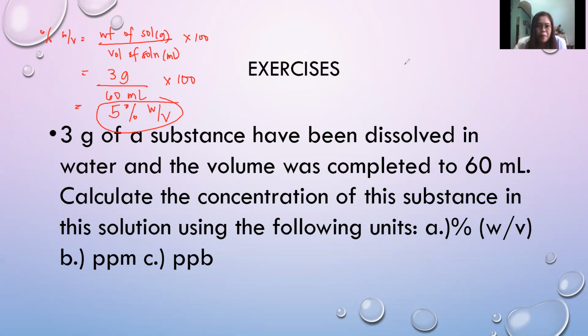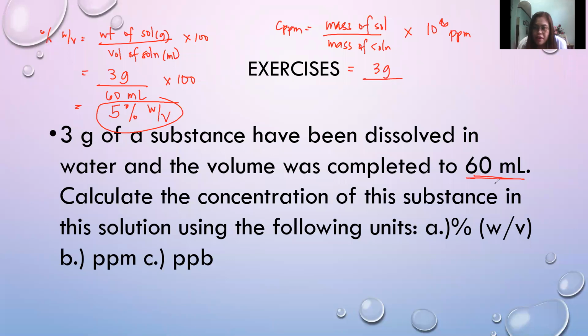Okay? For the ppm and the ppb, dito na lang si ppm. So mass of solute over mass of solution times 10 raised to the power of 6 ppm. Now take note that our solute here is the 3 grams, and then our solvent is water. It's 60 ml total.